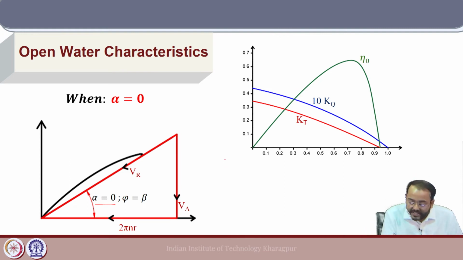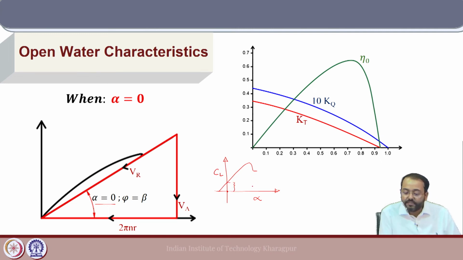But for cambered sections, if you remember this lift coefficient with angle of attack, for cambered sections even at 0 angle of attack it has a finite value of lift coefficient, right.